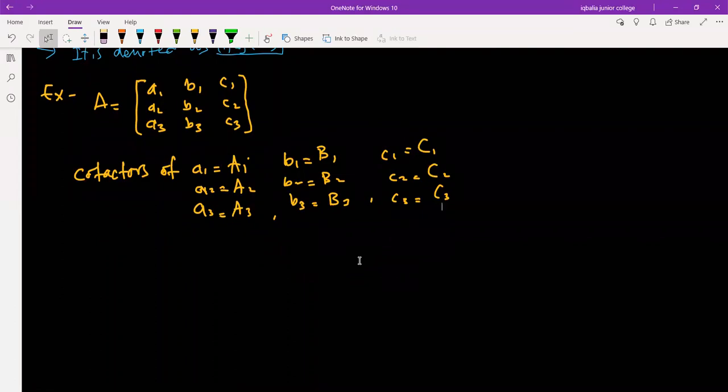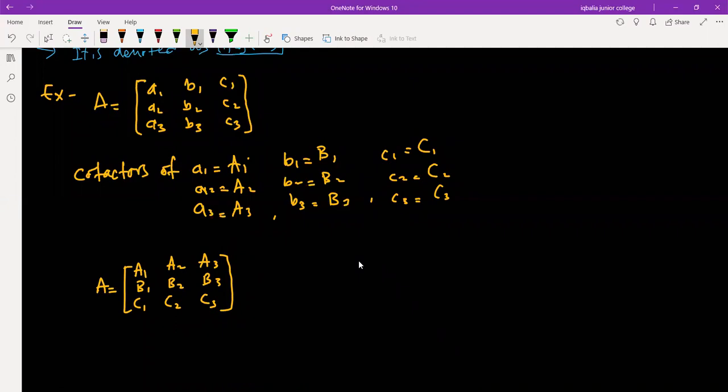Okay. So what we have to do is place the cofactor in the place of element A1, A2, A3, B1, B2, B3, C1, C2, C3. Here we found all cofactors and placed them in the positions of the elements of the matrix.